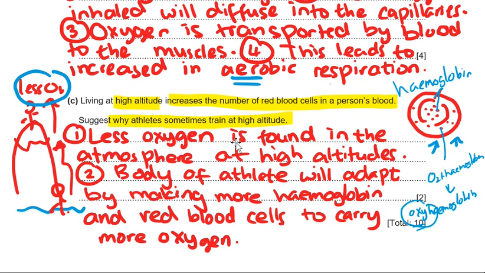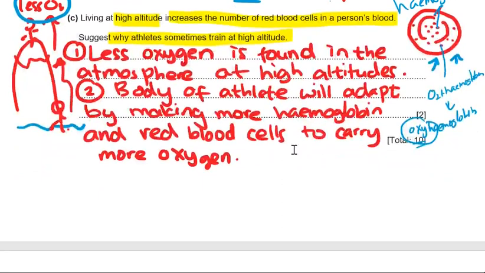Alright, so less oxygen is found in the atmosphere at high altitudes. The body of the athlete will adapt by making more hemoglobin and red blood cells to carry more oxygen.